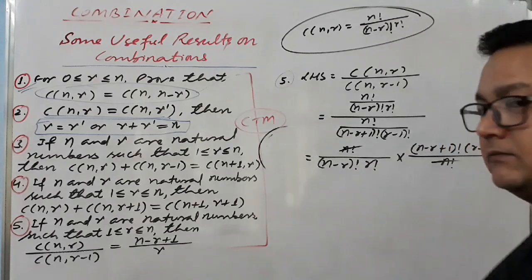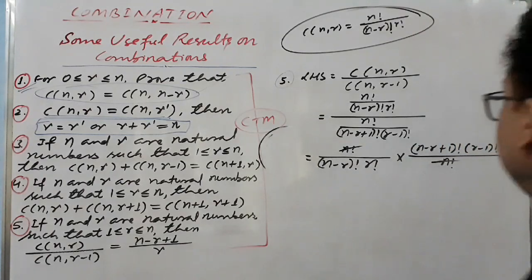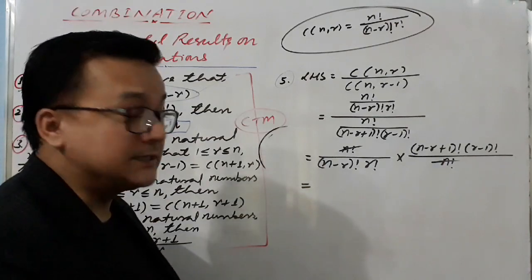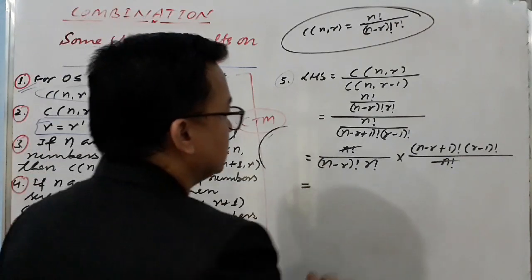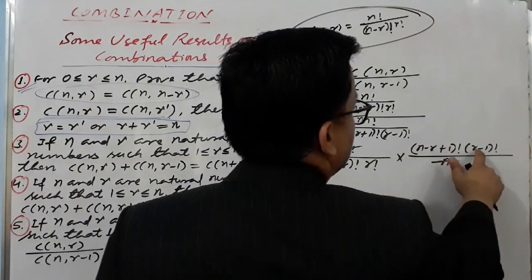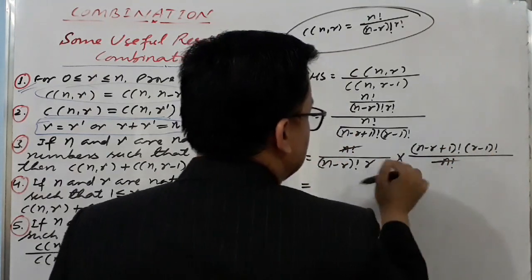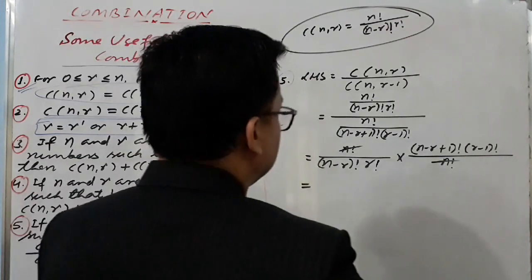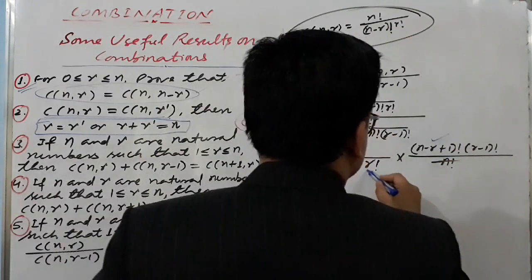These two will be cancelled out. Now you just have to expand the greater one. So n minus r plus 1 is the greater one, r minus 1 factorial, here this is r factorial, and r is the greater one. So we will expand this one and this one.